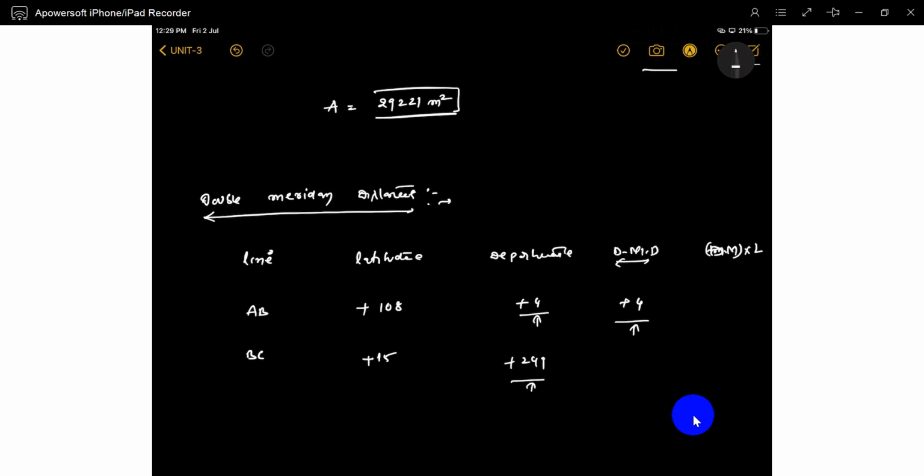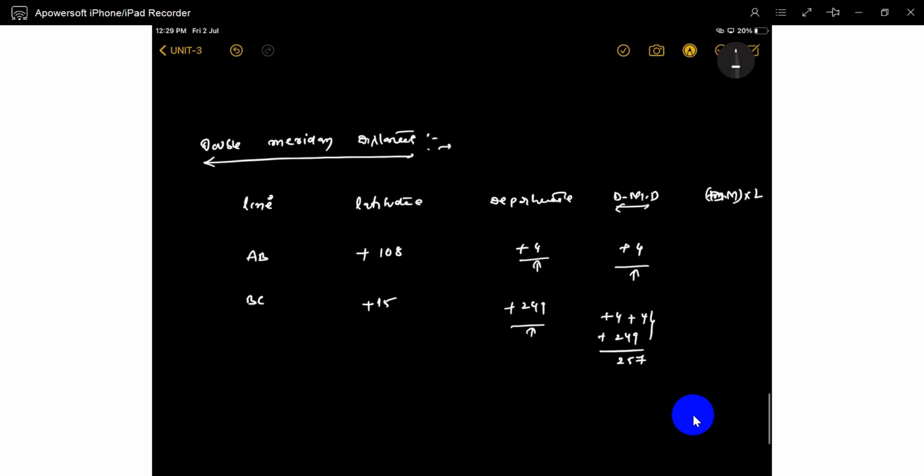What is that value? These three: 249 plus 8, so 257. Understood? Same. Very, very simple.